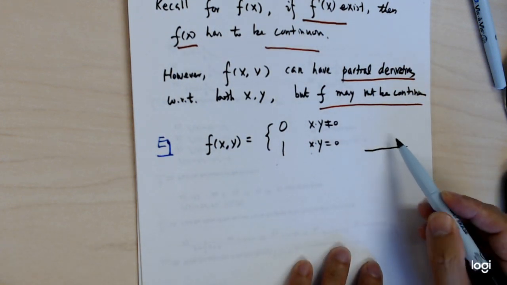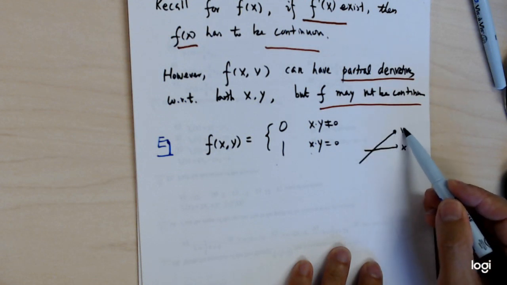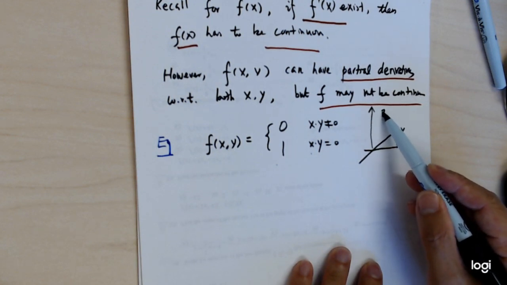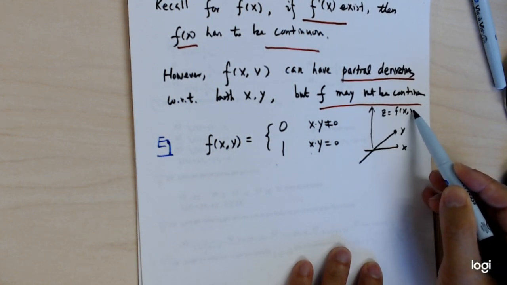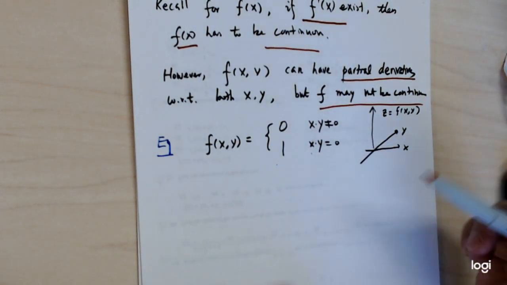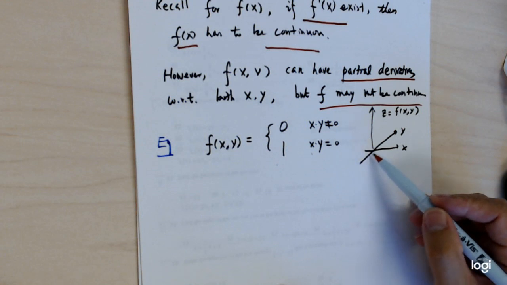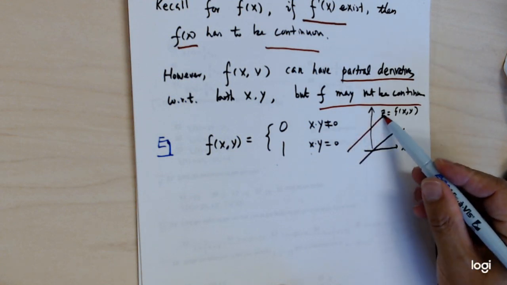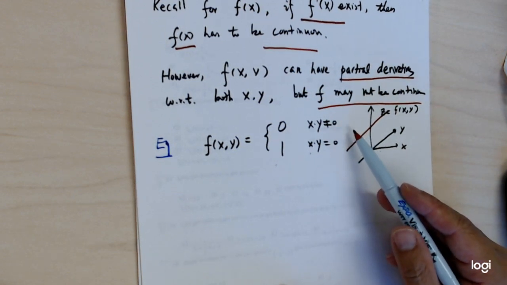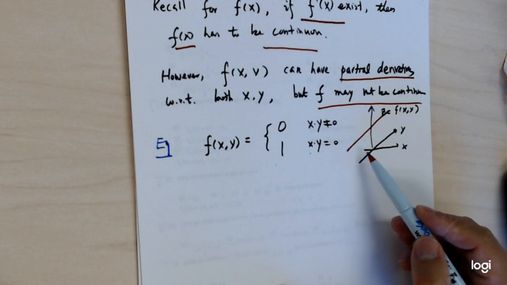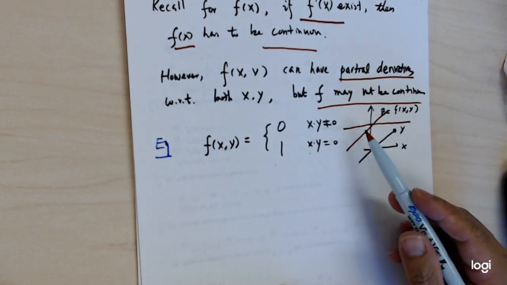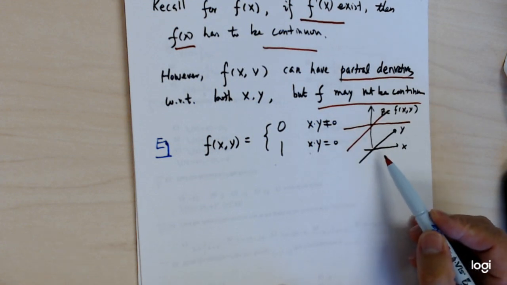You have the x-axis, you have the y-axis, and this is your z-axis, which is f of x y. So this function equals 1 when x is 0, in other words along the y-axis, so you get this horizontal line. It is also 1 when y is 0, that is along the x-axis. So you get two horizontal lines there.